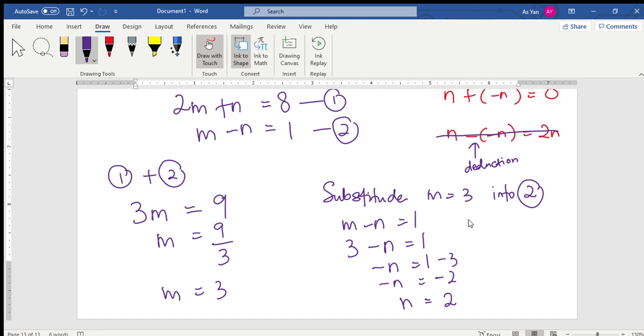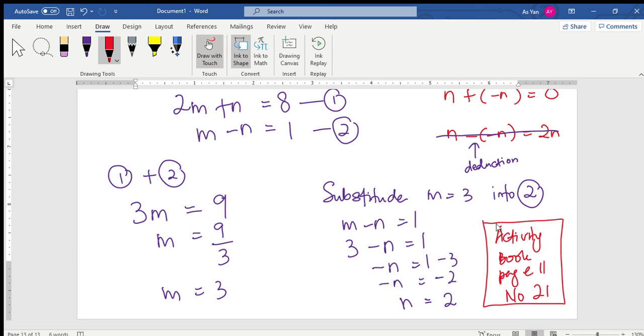You can do your activity book page 11, question number 21. Thank you, class.